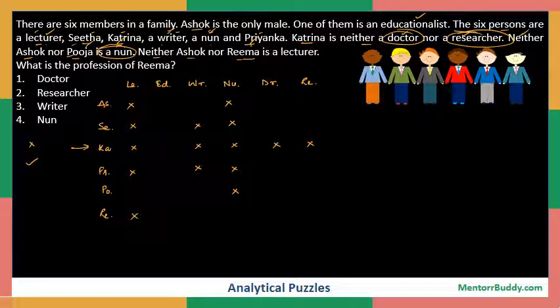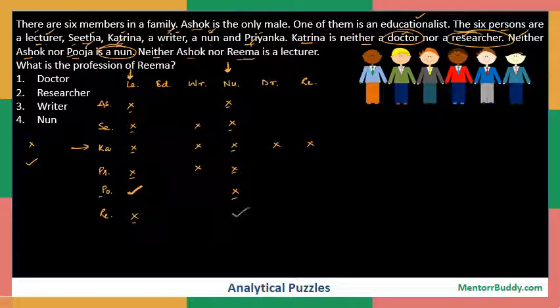Now let's see if we can find out some more information. If I look at the column of lecturer, there is a cross against Ashok, Sita, Katrina, Priyanka, and Reema. So who is left? Only Pooja. So definitely Pooja should be the lecturer. In the same way, if I look at the nun column, there is a cross against Ashok, Sita, Katrina, Priyanka, and Pooja.